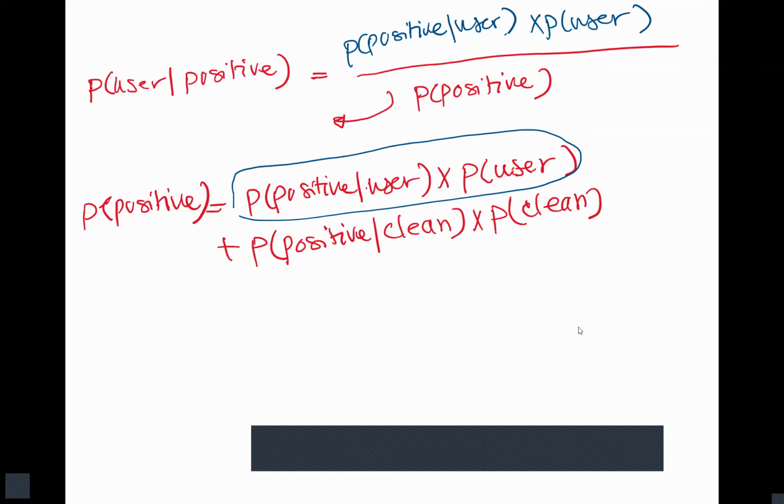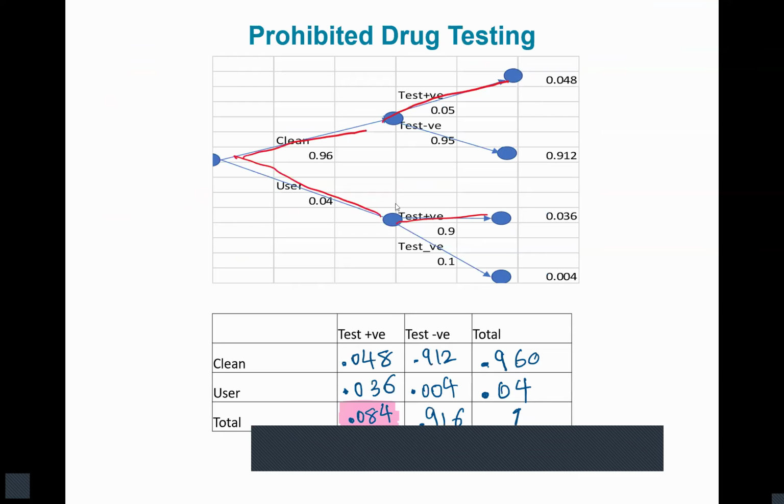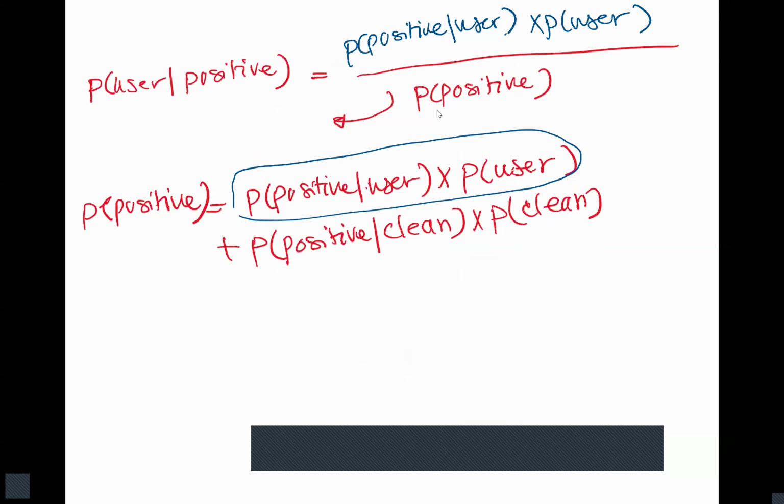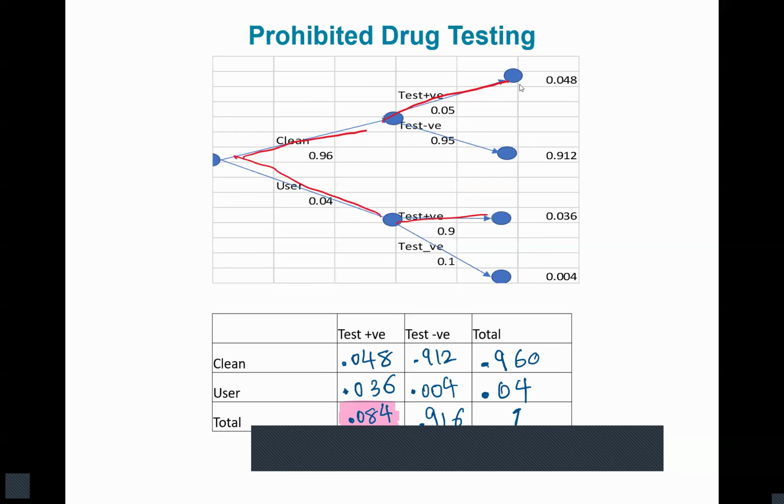So in my Bayes' rule, I found all the branches that were positive, that is my denominator, and in my numerator, I only focused on the lower branch of those who were actually a user.